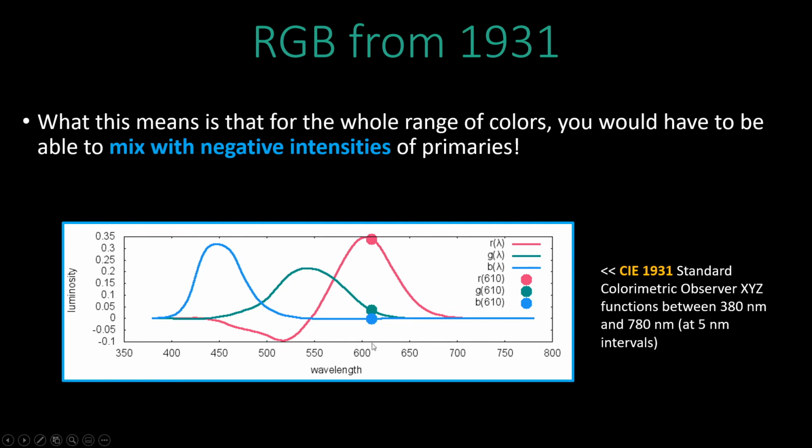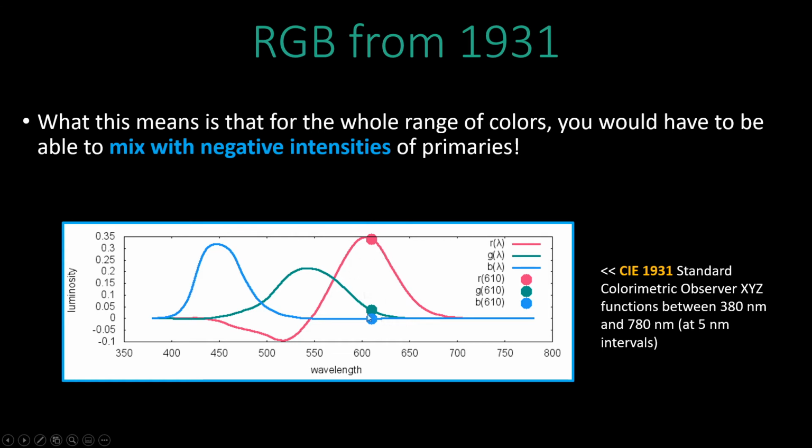So let's try to match this one. These plots will tell us that I want this amount of blue, this amount of green, somewhere above 0, and then a lot of red. So this will be a reddish color in total.